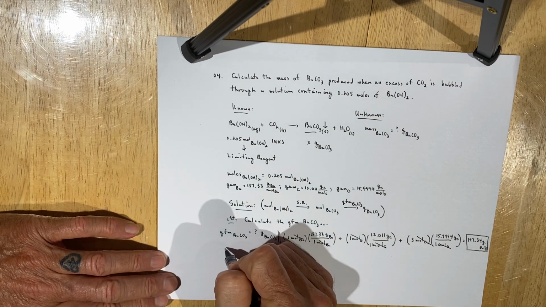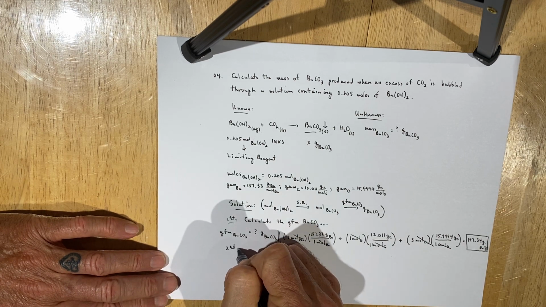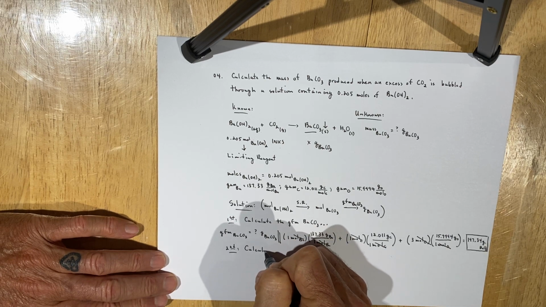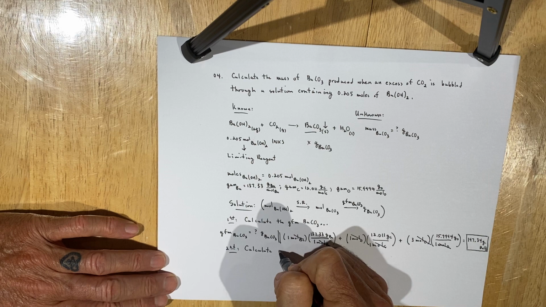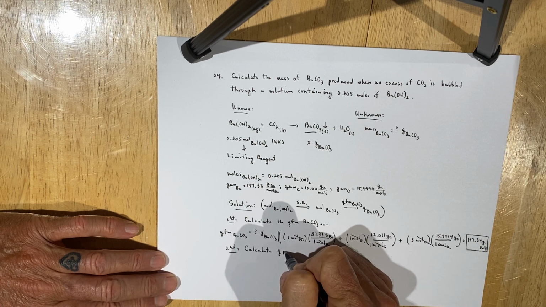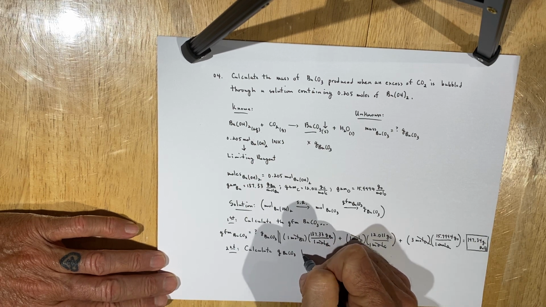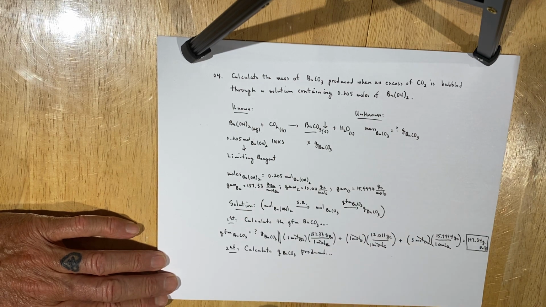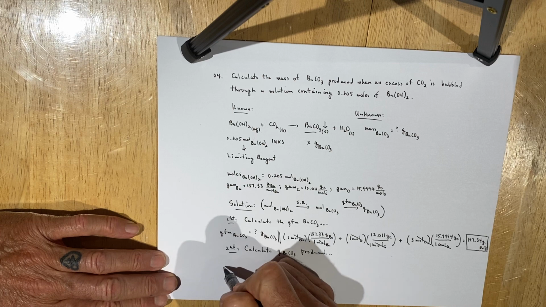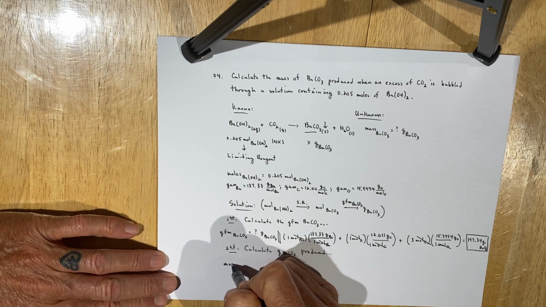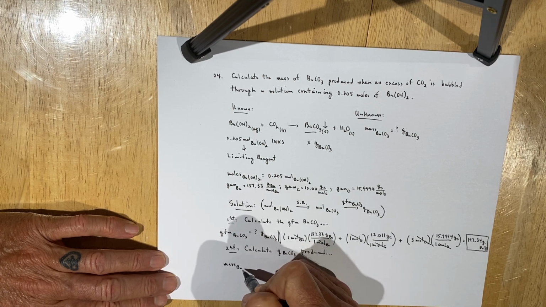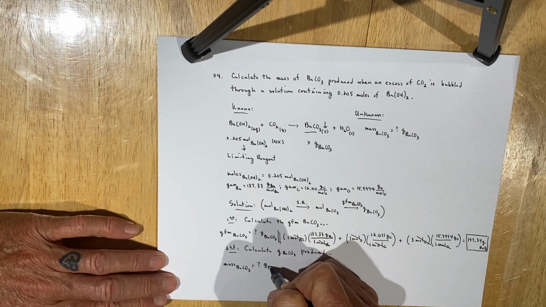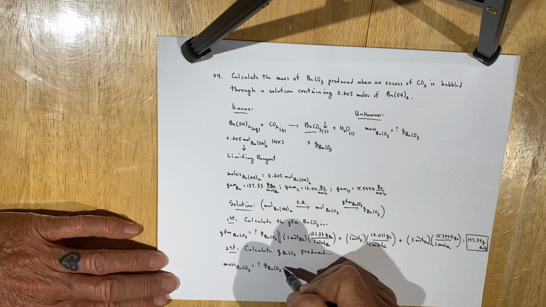That being said, the second thing you're going to have to calculate, we're going to just go right after this, is the grams of barium carbonate produced. We're going to be looking for the mass of barium carbonate expressed in some units of grams of barium carbonate.